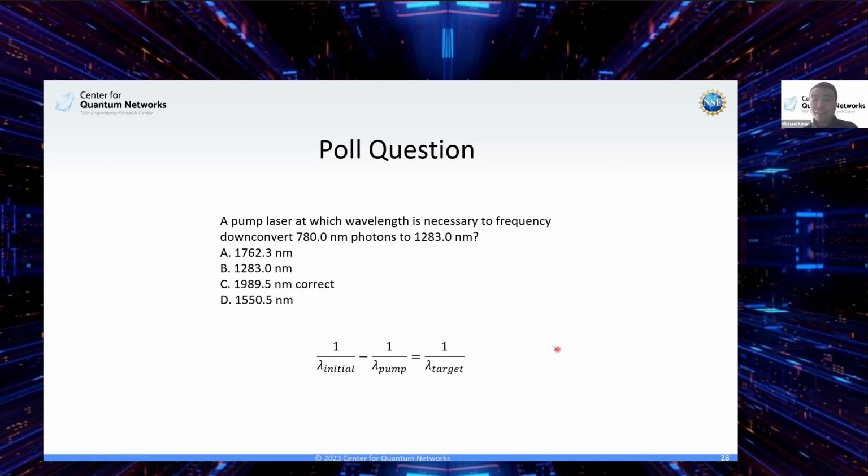All right, very straightforward, apply this formula and you'll find that you need a 1989 pump to convert 780. And it's expected that 1989 is lower frequency, longer wavelength than either of these, because we're going down in frequency, down conversion.